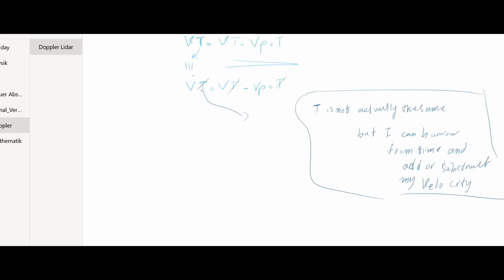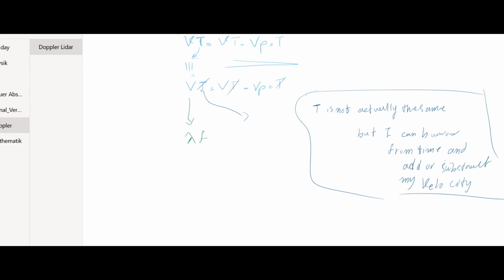Now again, velocity is what? Velocity is actually lambda times frequency. Lambda and frequency do not need to always follow the rule that if you increase the lambda you decrease the frequency.